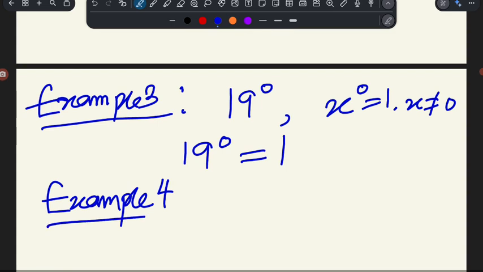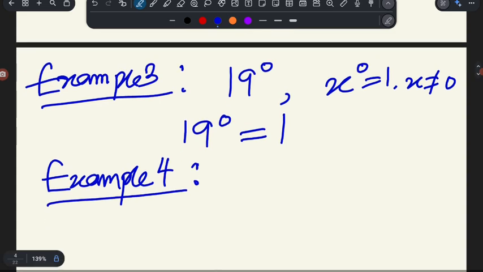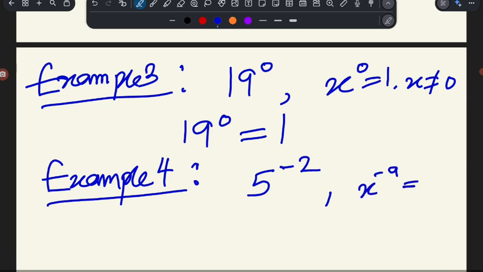Example 4, we have something like 5 raised to the power minus 2. But you can still remember one of the laws that I wrote that says x raised to the power minus a. I said it is 1 over x raised to the power a.